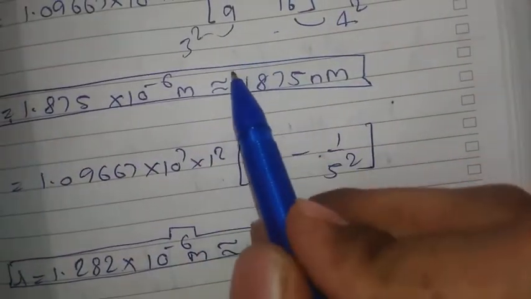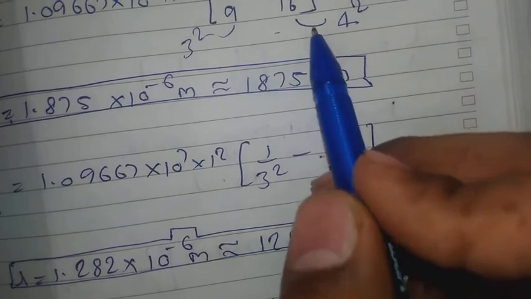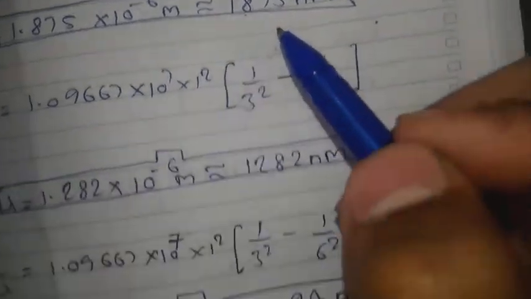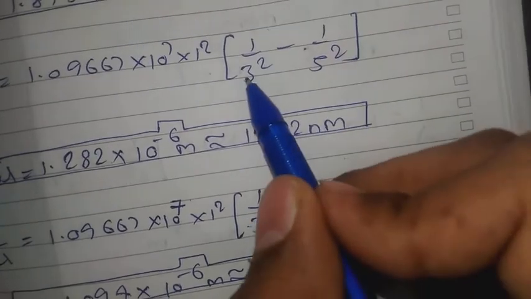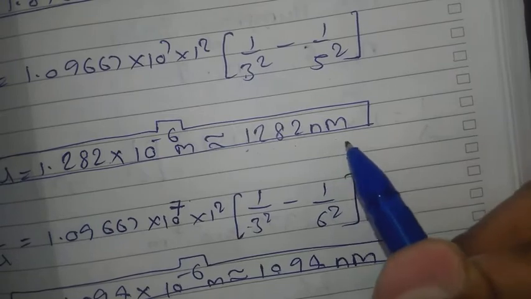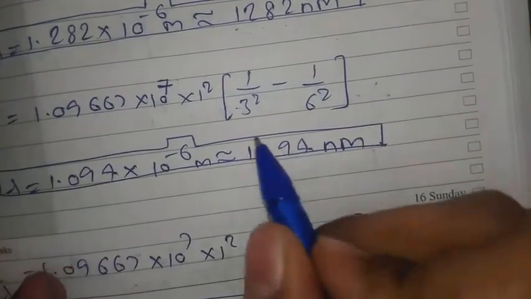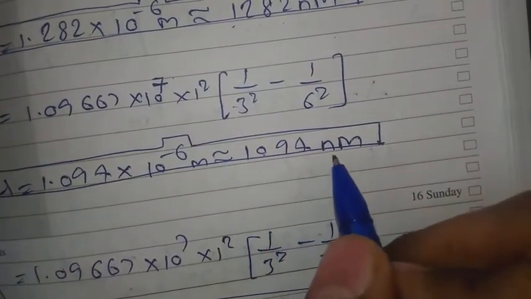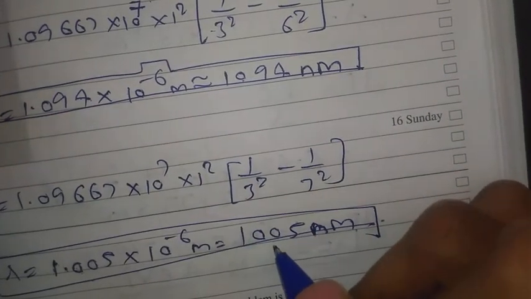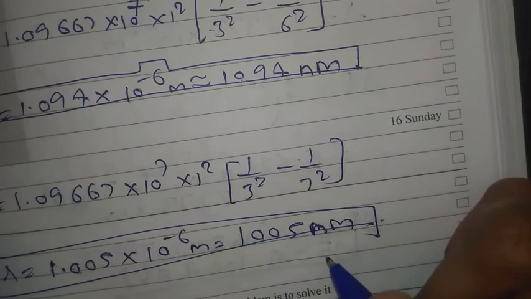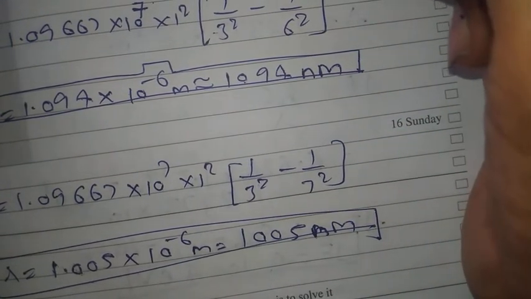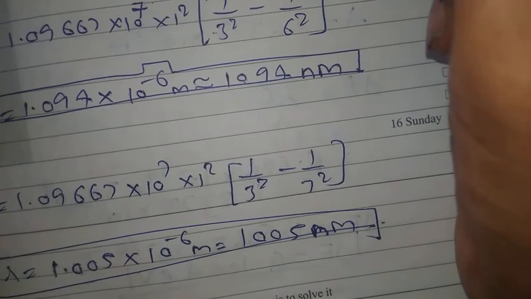In the first case, from n equal to 4 to 3, it was 1875, and when it falls from 5 to 3 the wavelength decreases to 1282 nanometer, and again 6 to 3 it will be 1094, and subsequently from n equals 7 to n equals 3, 1005 nanometer. So you can see that the wavelength is decreasing when an atom falls from a higher energy level.